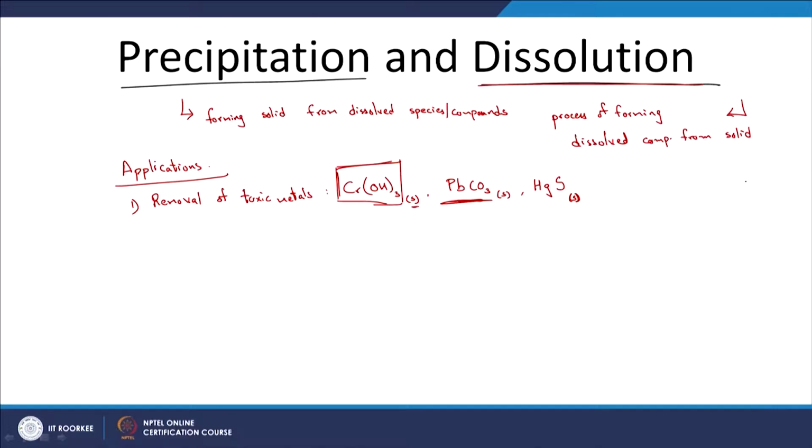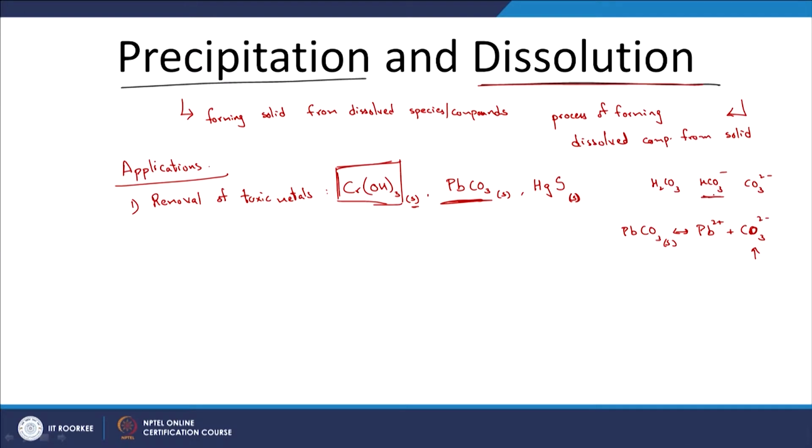As you know, CO3 2 minus can also exist as HCO3 minus and H2CO3. So for Pb 2+ and CO3 2 minus, in general we write this as the dissolution reaction. For this reaction to proceed from right to left, you need relatively high concentrations of CO3 2 minus.